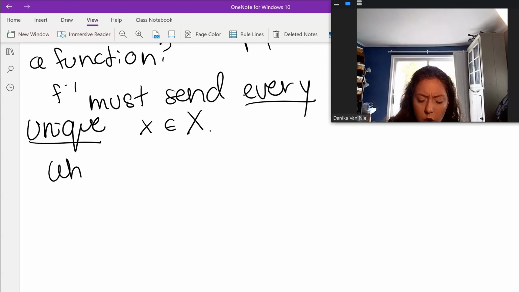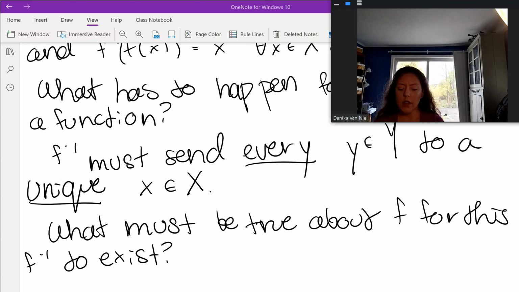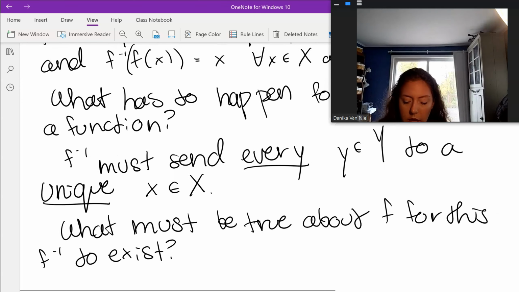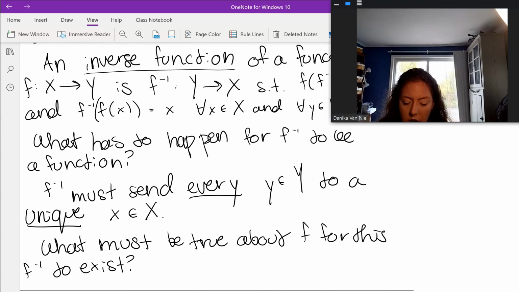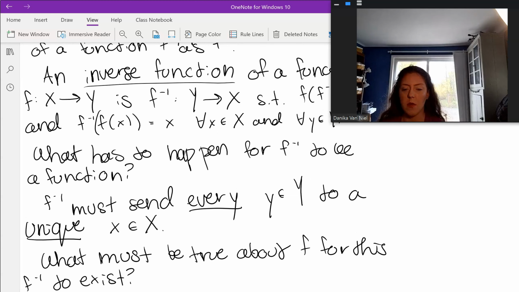So what must be true about f to allow this f inverse to exist? So let's start psychoanalyzing this. Okay. First off, let's think about f inverse has to send every single element in its domain y somewhere. Okay.